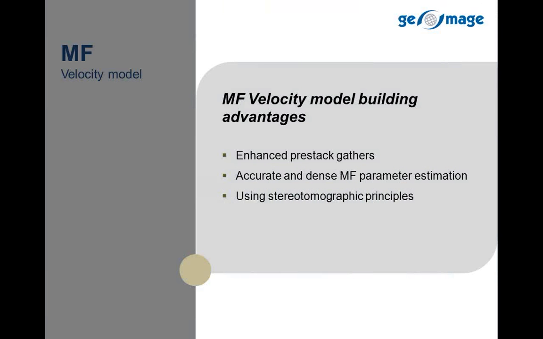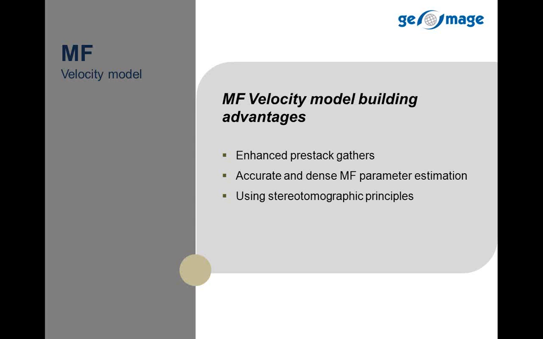There are several things I want to emphasize here. First, for velocity model building we use the enhanced pre-stack gathers, not the conventional, not the observed gathers, but enhanced gathers. Of course, it gives more reliable and accurate estimation of the parameters, which can serve as input for velocity model building.